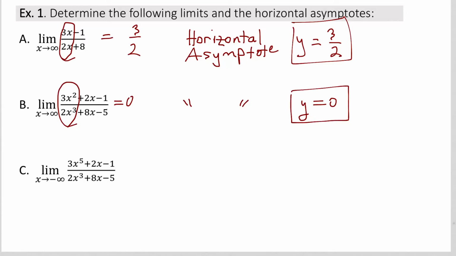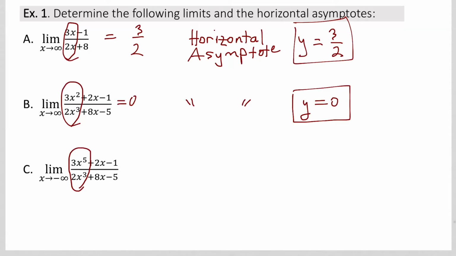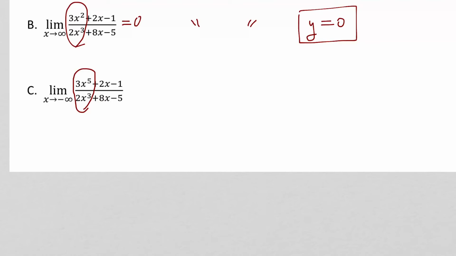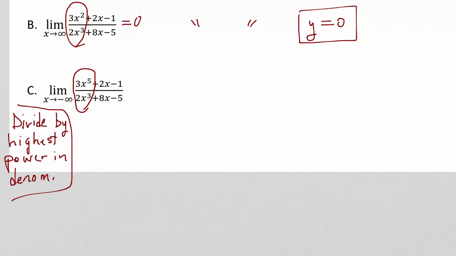Now in the next example, if I look at the leading terms again, I'm approaching negative infinity. Notice that the degree on the numerator is 2 more than the degree of the denominator. So we're going to do something a little different here to make sure we understand what's going on. We're going to divide by the highest power in the denominator, which is 3.